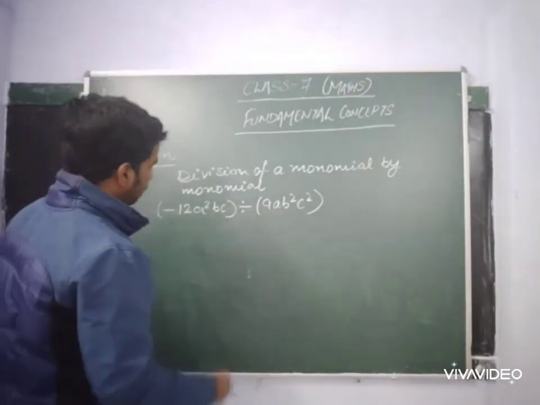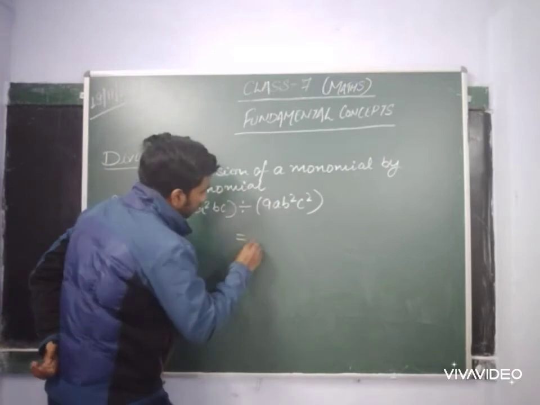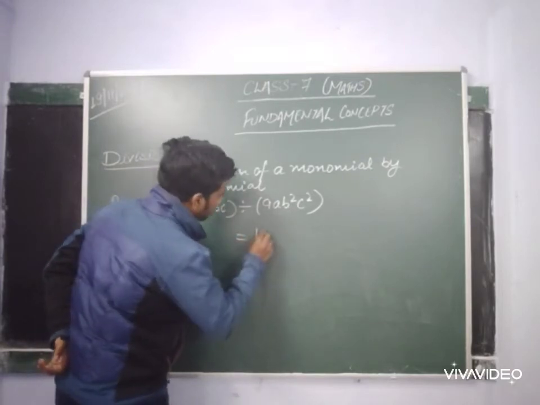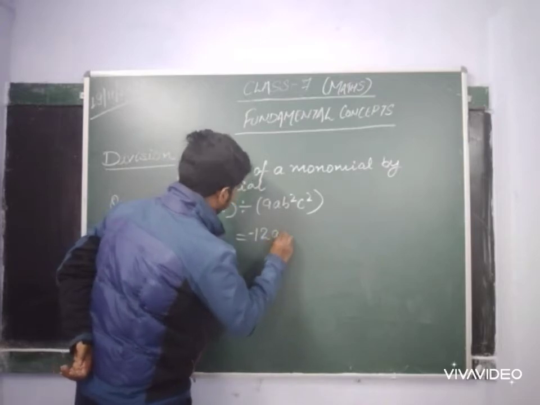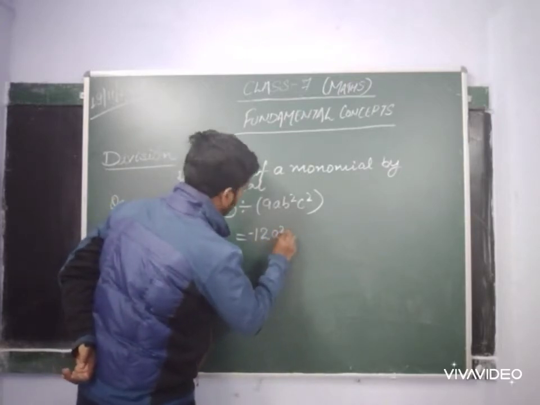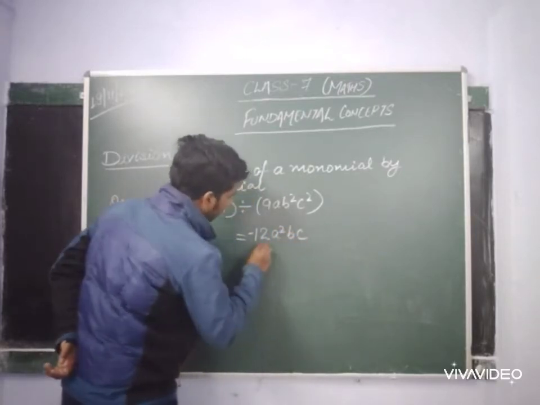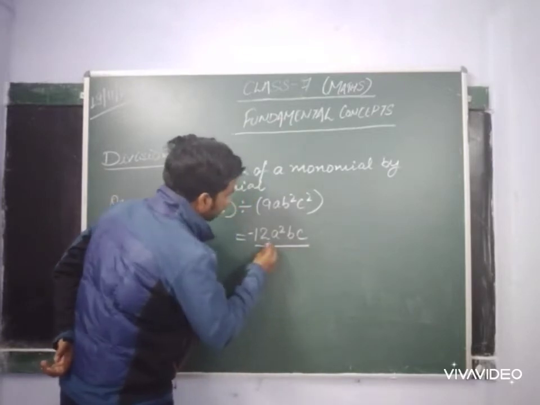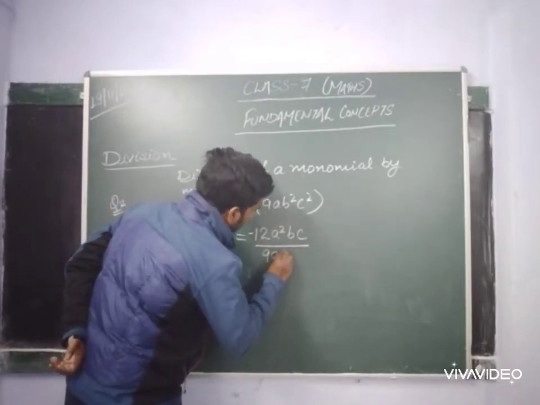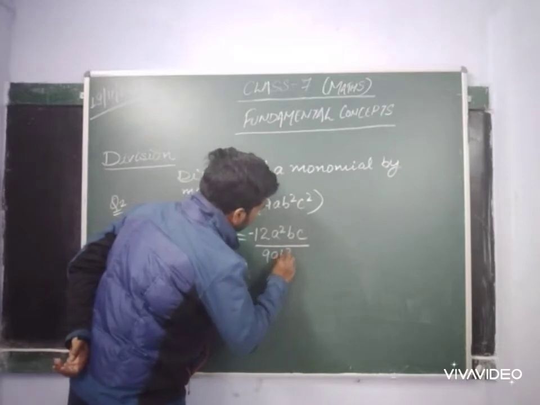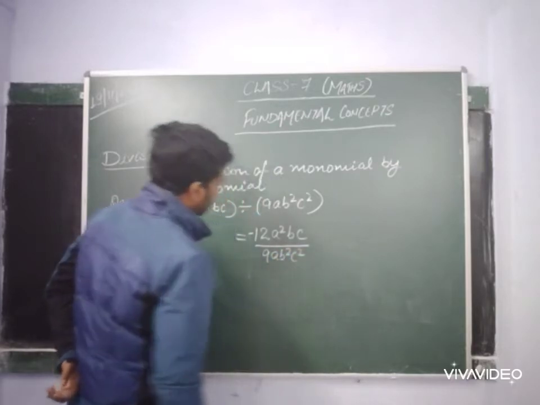Clear? So again, the divisor will be in numerator. This is 12a square bc, and the dividend will be in the denominator. This is a b square and c square.